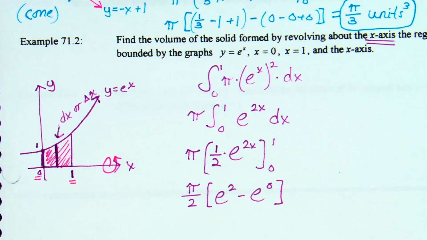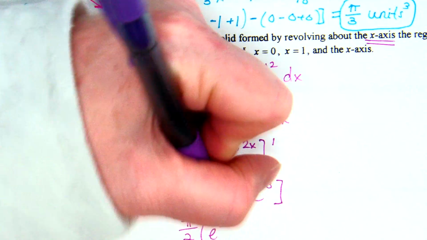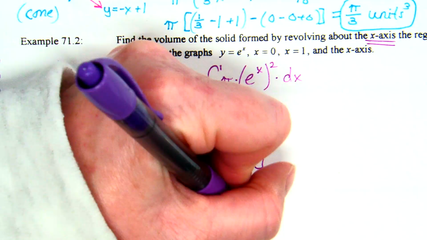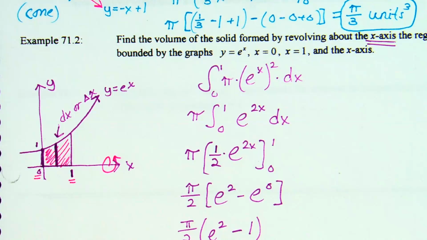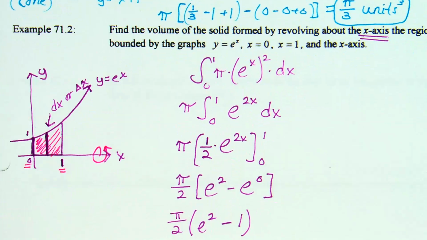So pi over 2, e to the second is just e to the second, minus, what's e to the 0? 1. Anything raised to the 0 power is 1. And we have pi over 2 times e to the second minus 1 units cubed officially.